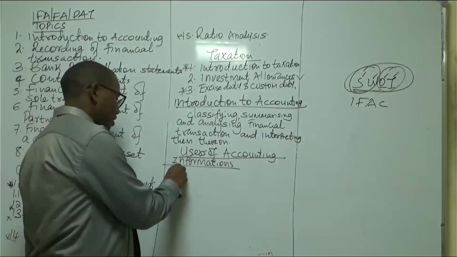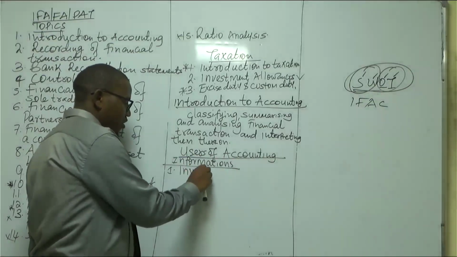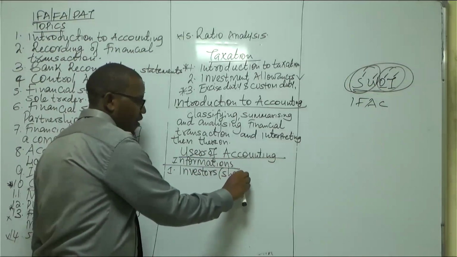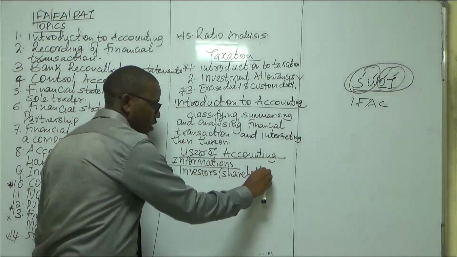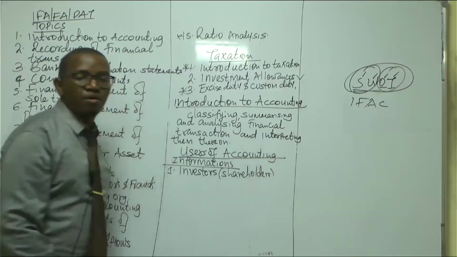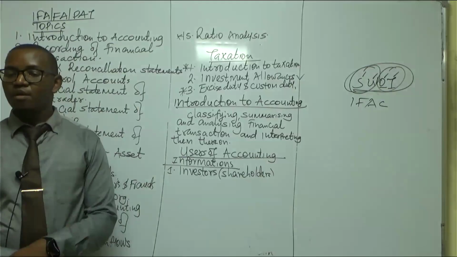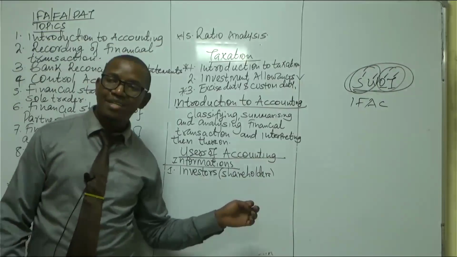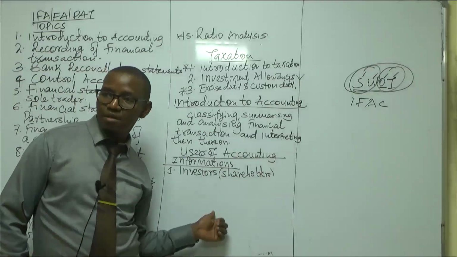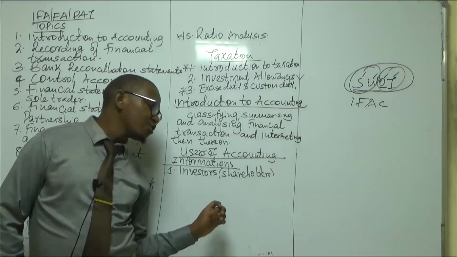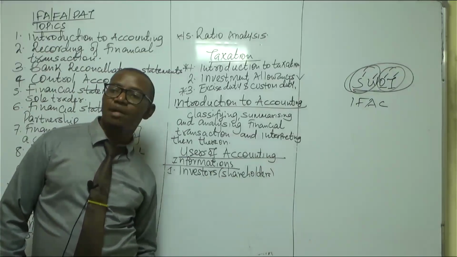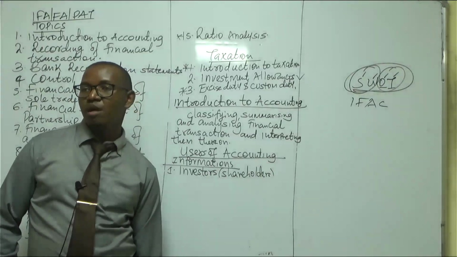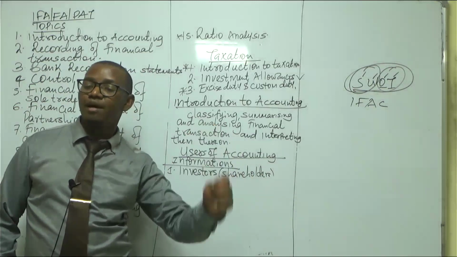We begin with the first, the investors, or we may call them the shareholders. What do the shareholders want? They require accounting information to determine the profit generated by the business, and also to determine the amount of dividend they are expecting to receive, and also to assess the value of their assets.